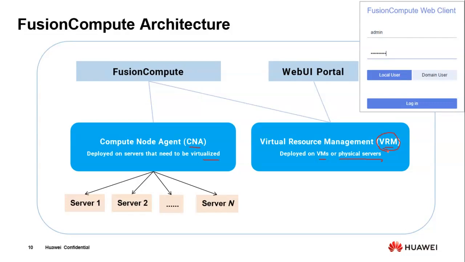So the VRM simply gives you the interface that you can use to deploy your CNA and virtualization technology, that is, to deploy your virtual machines. You simply need to log in and then you can have access to it.